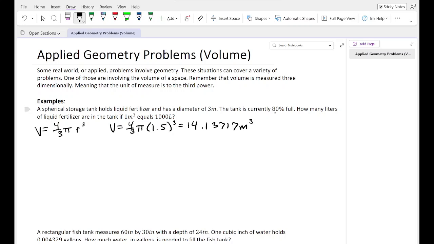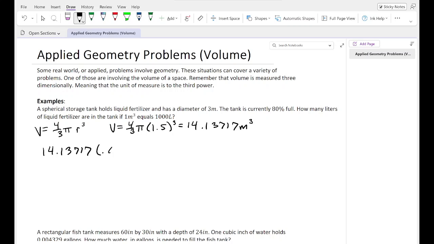Now, the tank is currently 80% full. How many liters of liquid fertilizer in the tank? So I need 80% of the max. So I need 80% of this. So I'm going to take my 14.13717 and I'm going to multiply it by 80%.